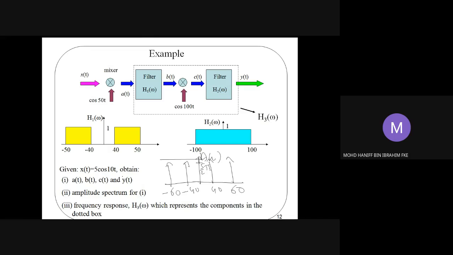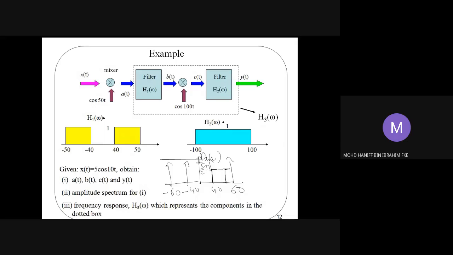Note that there is a multiplication now, because the A omega needs to be multiplied with the filter response of H1 omega, which is given here, between 40 and 50. That should be your filter's response.